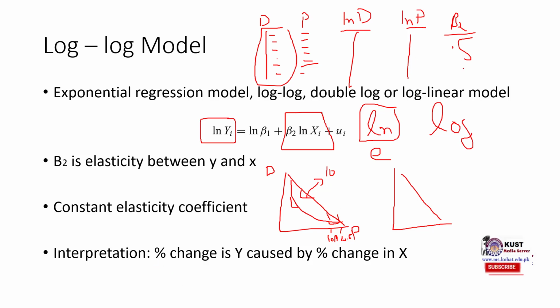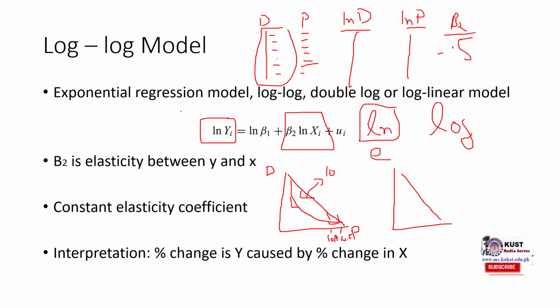So the interpretation would be for every 1% increase in price, say this coefficient is negative, the demand of cars would decrease by 0.5%. So now the interpretation is in percentage form.